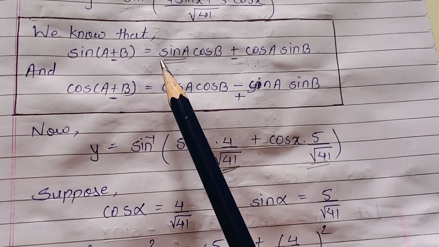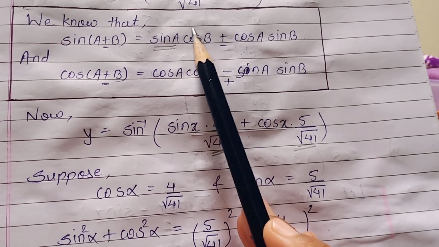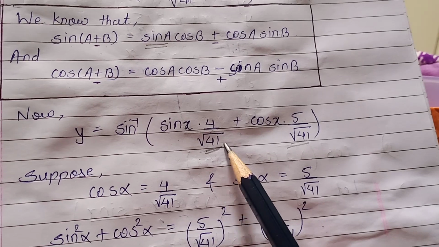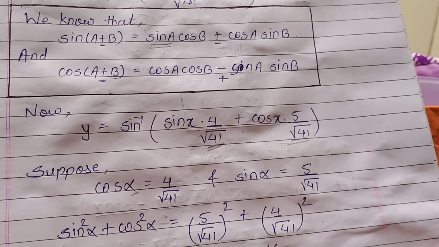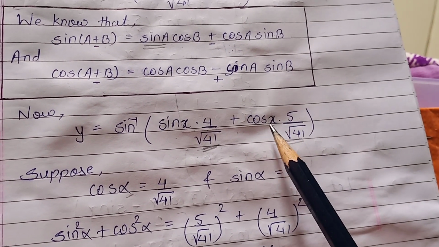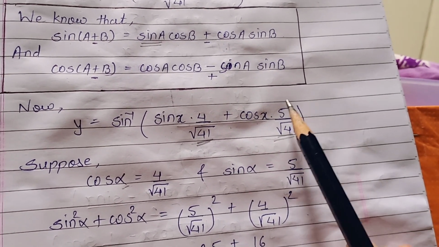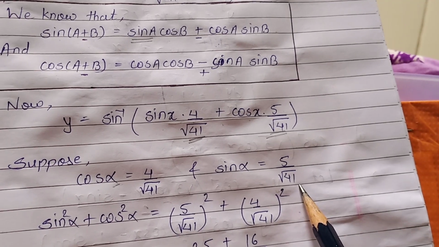Now if we see this pattern, we get to know that the second part is nothing but the cos part. So we'll consider 4 upon root 41 as cos alpha. We'll take alpha here instead of theta or a or b. With cos in the second part there should be sin alpha. So sin alpha is equal to 5 upon root 41.